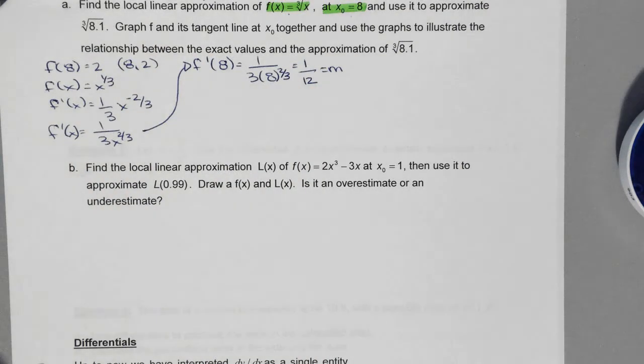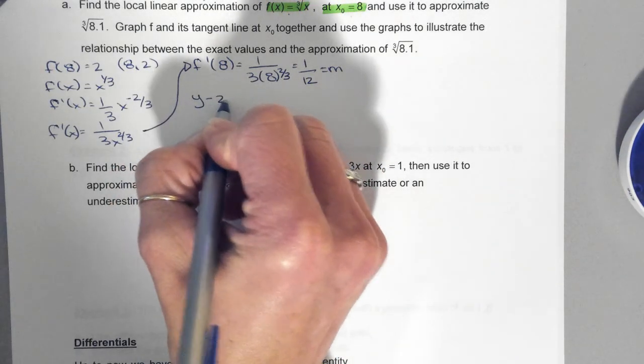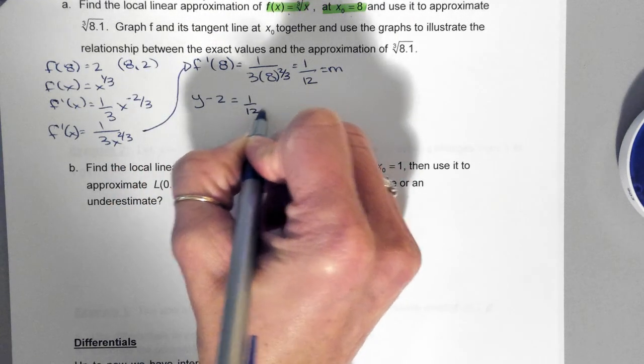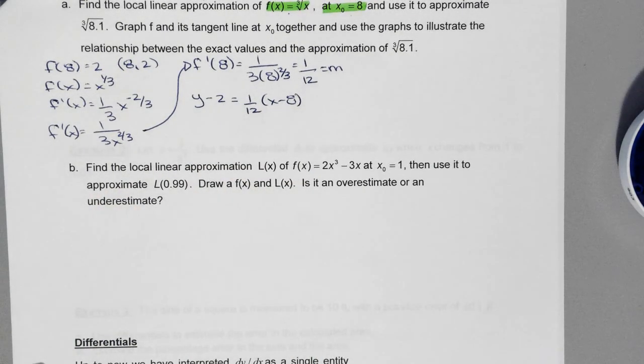Do I have everything I need to write the equation of the line that's tangent to the curve? Okay, so we've got y minus 2 is equal to 1/12 times x minus 8. Equation of the line tangent to the curve at 8. True? Okay, now, remember, we want to make this look fancy. It needs to say L of x. So what is the first thing I need to do?